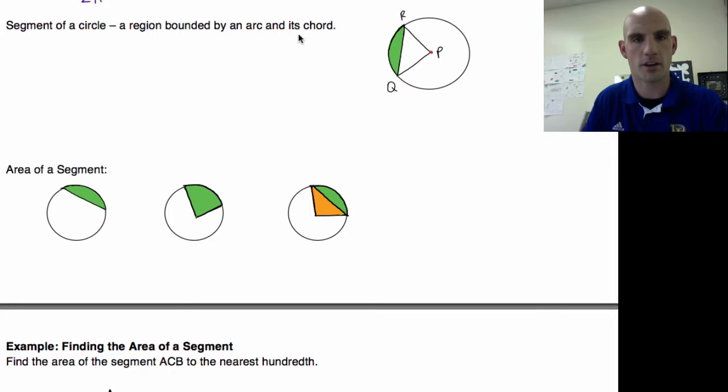All right, segment of a circle. A region bounded by an arc and its chord, that's this green part here.